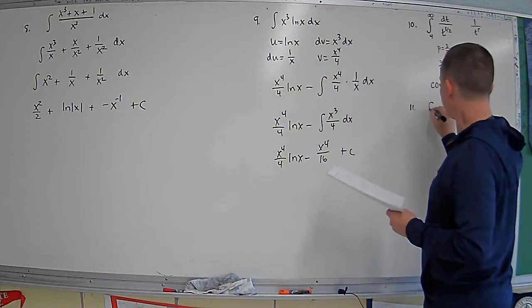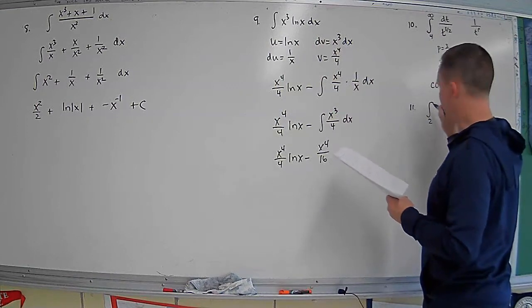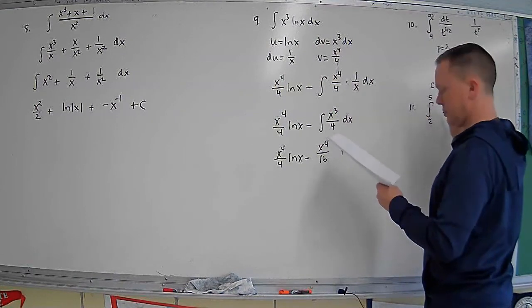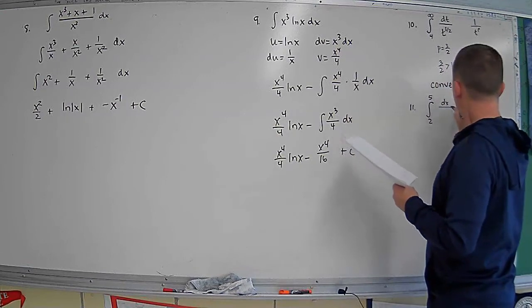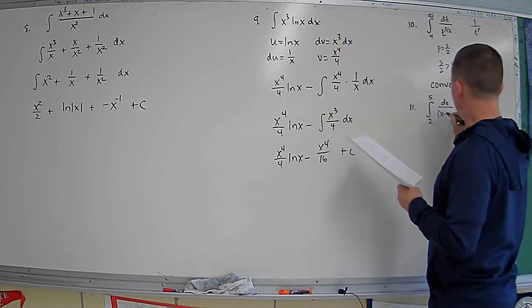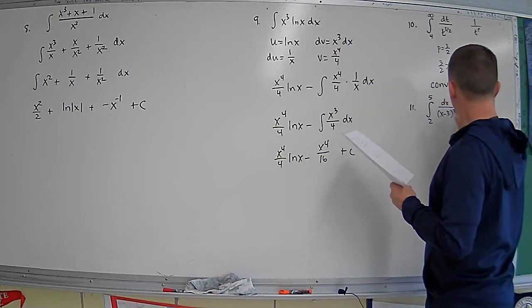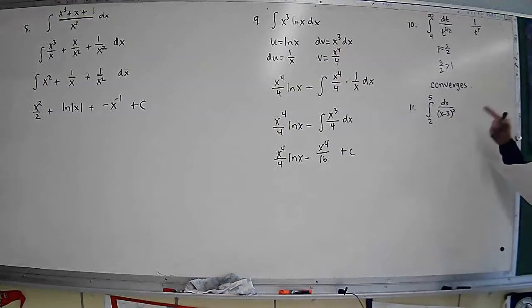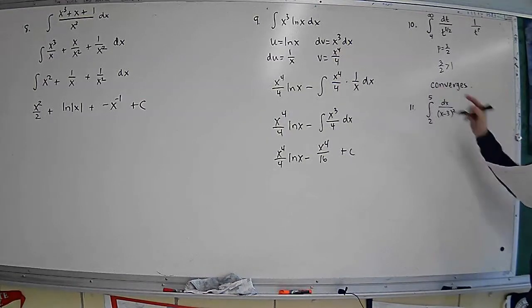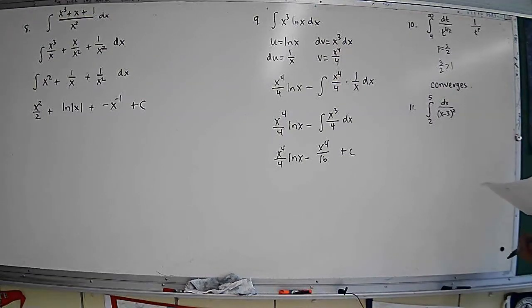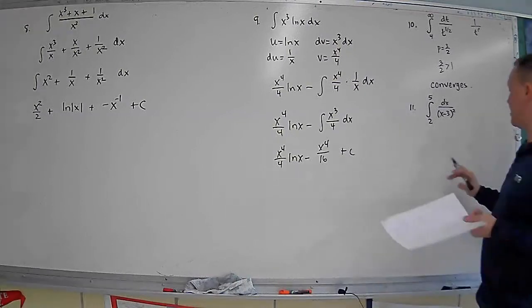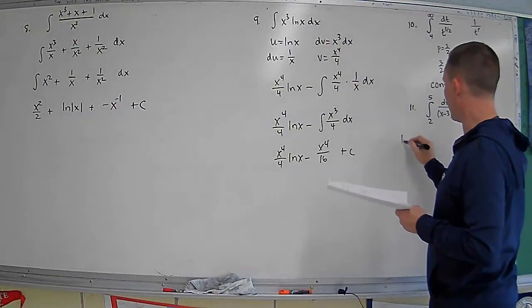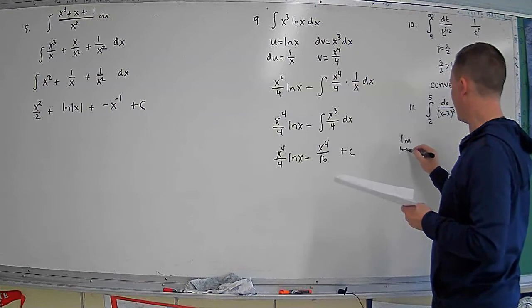Number 11, you did have to work out. And what's crazy about number 11 is, when I was putting this together, I thought I changed this upper bound to a 3, just to make it simpler, but I didn't. So technically speaking, we're going to do this as the limit as b goes to 3.